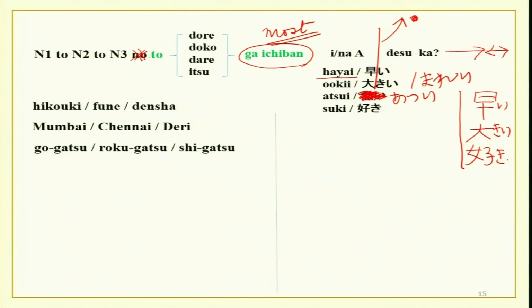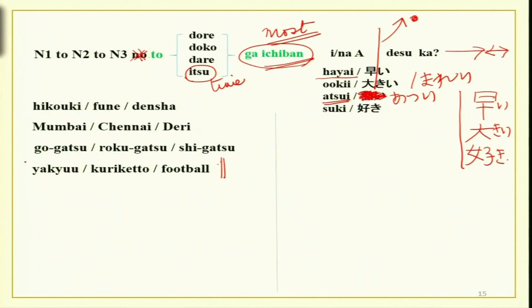5月と6月と7月といつが一番暑いですか? And then use this and see on your own what it is. Tell me. Yakyu is baseball, cricket is cricket, and football is, of course, you know. So, 野球とクリケットとフットボールの中でどれが好きですか?